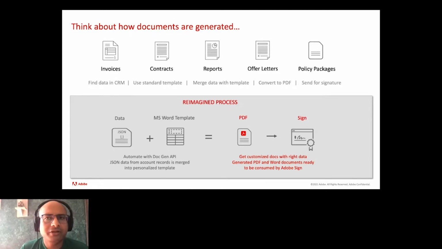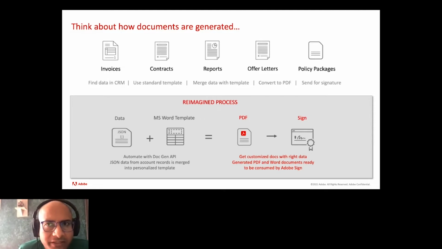And you need to have a JSON file. And that JSON is going to have all the raw content, the data that you want to push in a PDF document or a Word document, right? So as long as you have a JSON file with all that data, you can create a Word document or a PDF dynamically using our DocGen API, that is the Document Generation API.